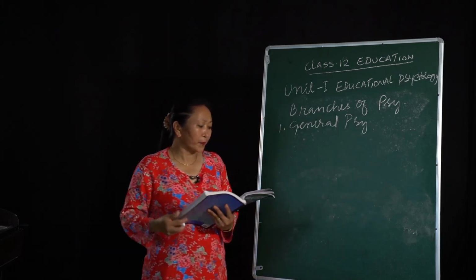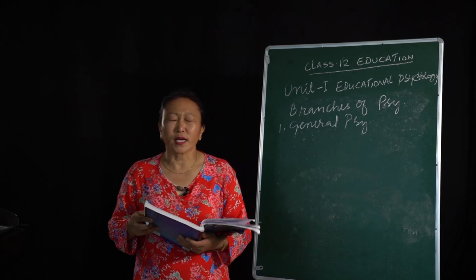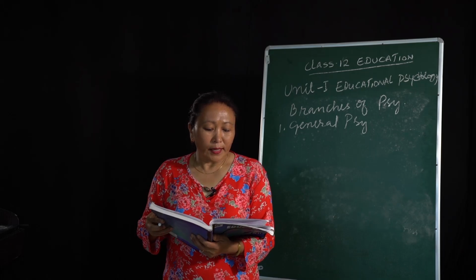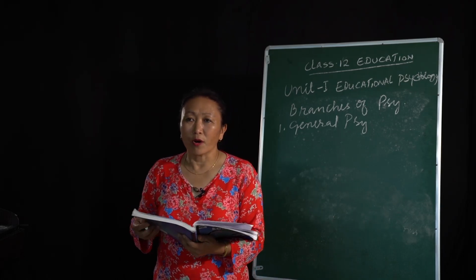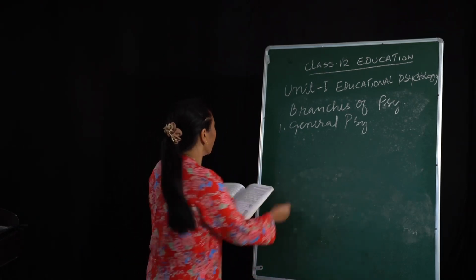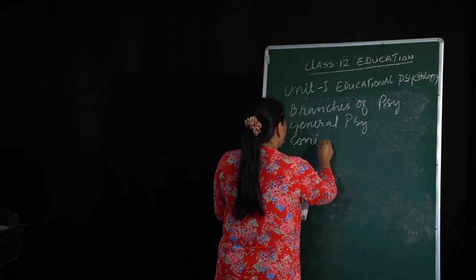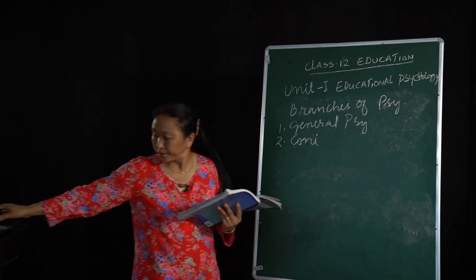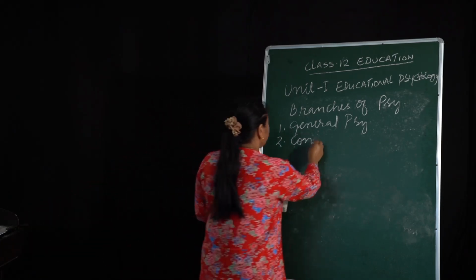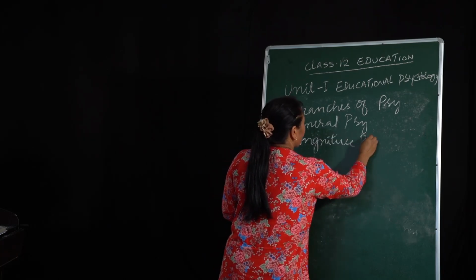General psychology is treated as a natural science as well as a social science. It is the study of behavior of normal adult human beings. Number two, cognitive psychology.